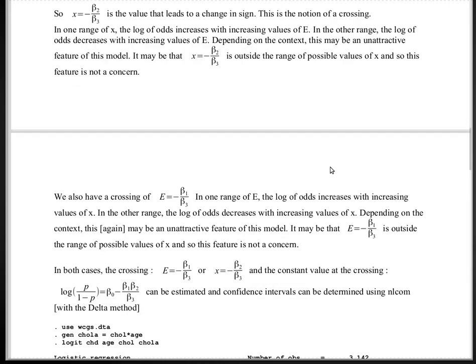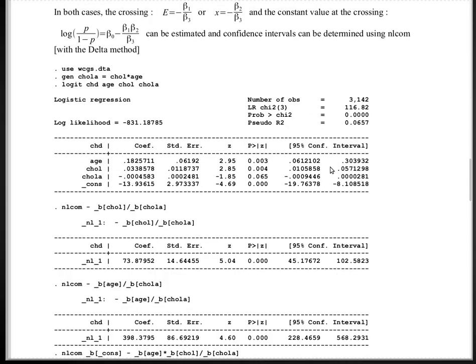Let's take a look at a simple example. You're going to say, Gordon, this isn't entirely simple. On the other hand, setting it up is a comparatively easy process. Let's look at the study. This is from the dataset WCGS, in which we're wondering about the modeling of coronary heart disease in terms of cholesterol and a person's age.